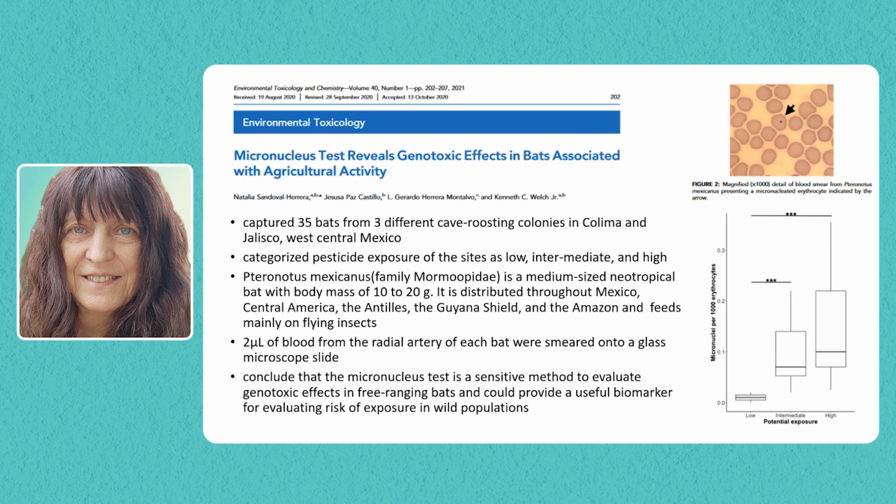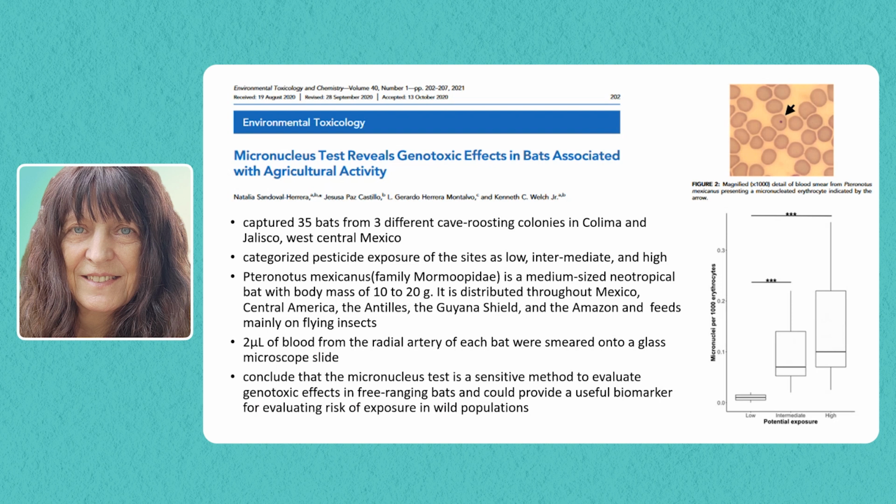And then there's this paper using bats. They captured 35 bats from 3 different colonies in Mexico, and they categorized the pesticide exposure of these sites as low, intermediate, and high. This is a little bat. It weighs about 10 to 20 grams, but it seems to be very distributed throughout Mexico and also other countries.